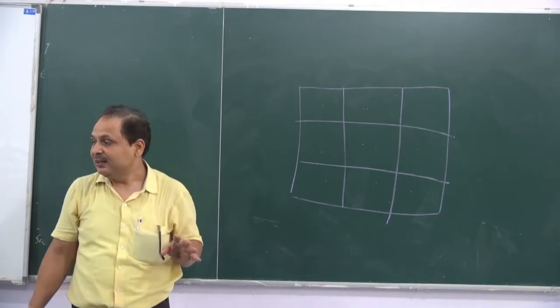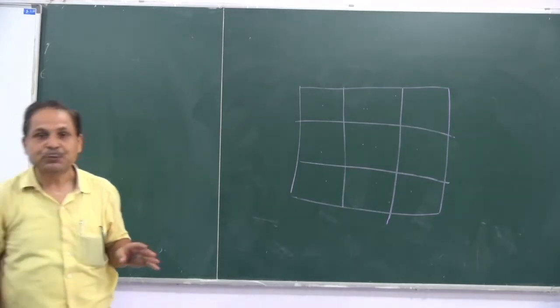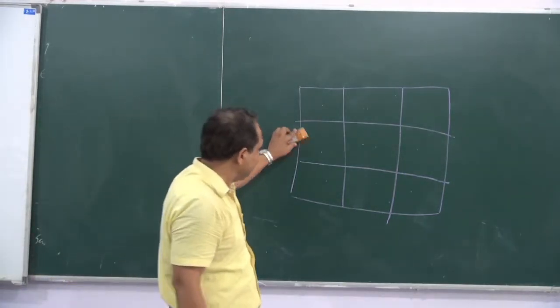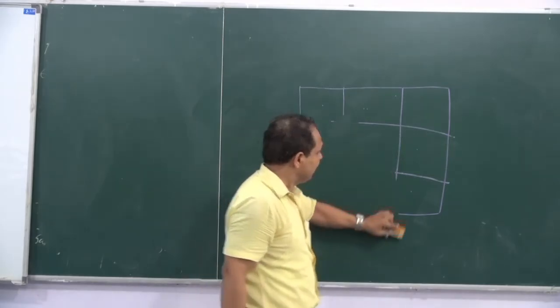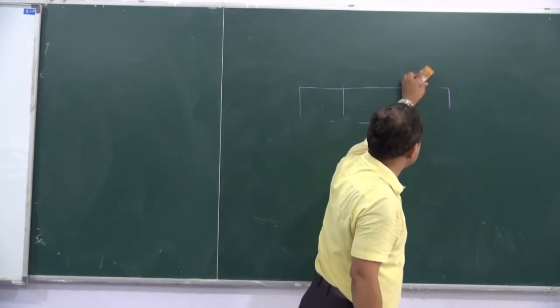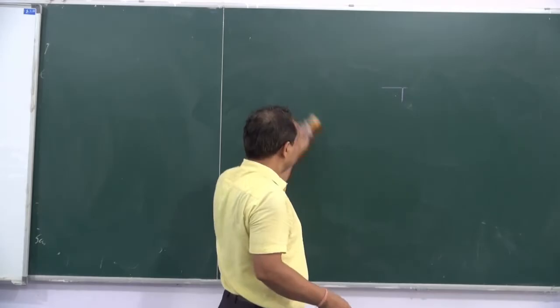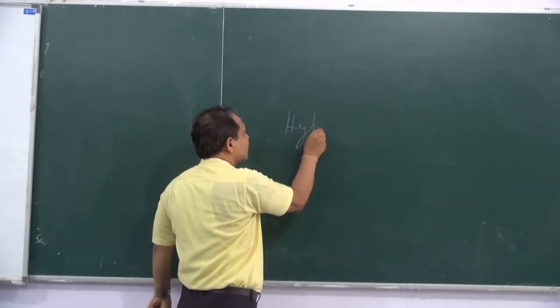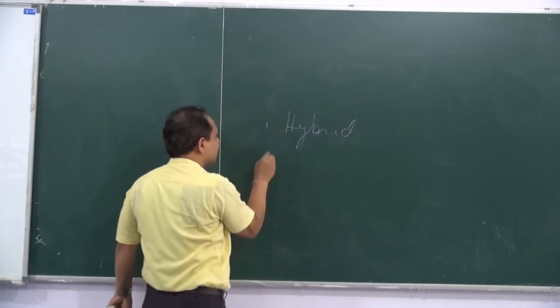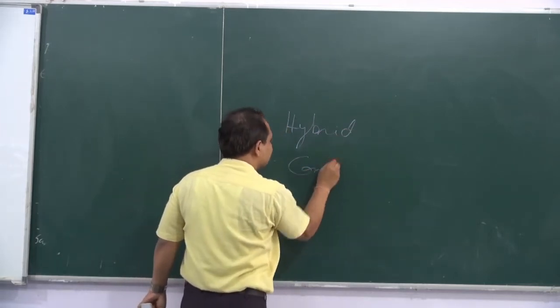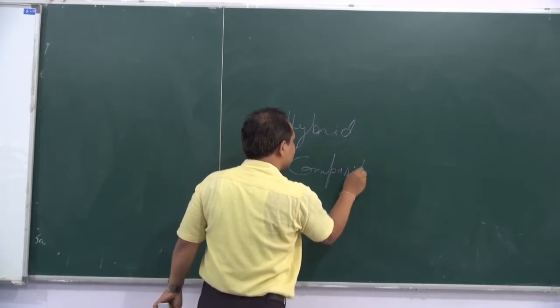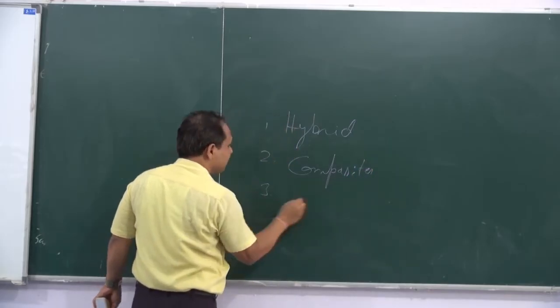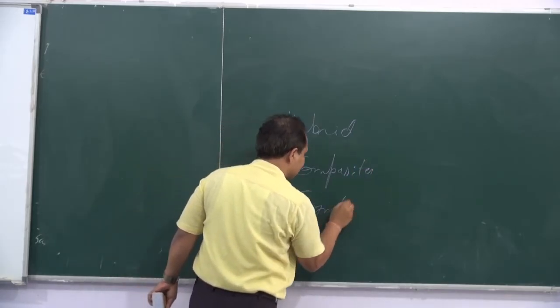We know very well that in case of cross-pollinated crops, the varieties developed are hybrids, composites, and synthetics.